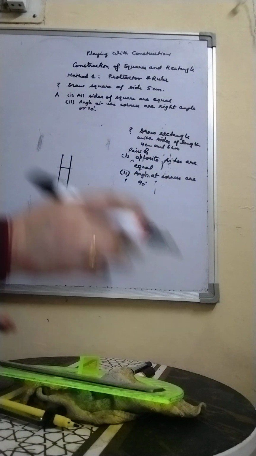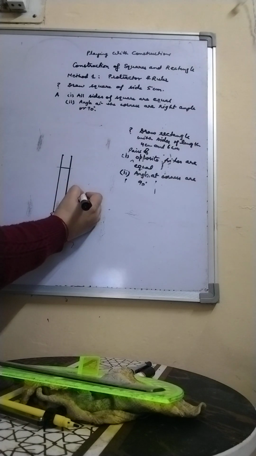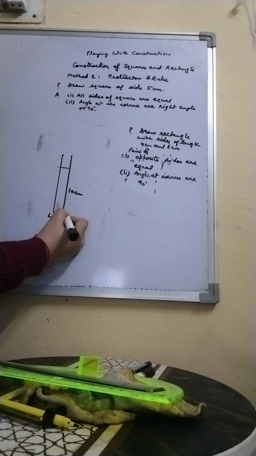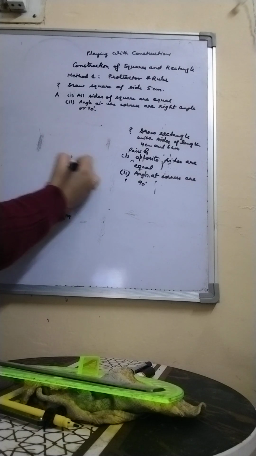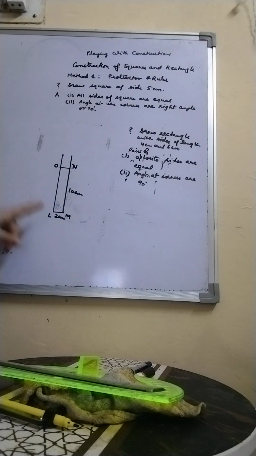So in this way, this is 2 centimeter, this is 10 centimeter. Name them L, M, N, O. So it is now anti-clockwise L, M, N, O. Okay. So be careful while naming.